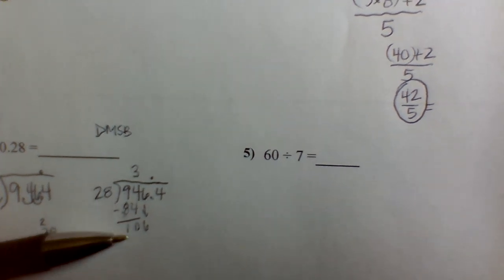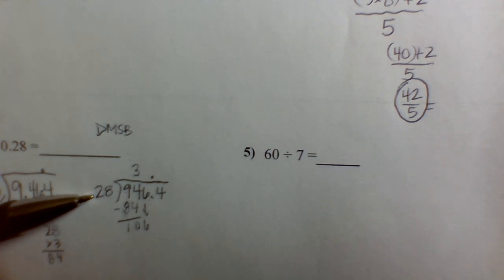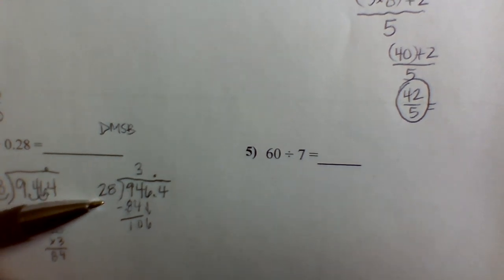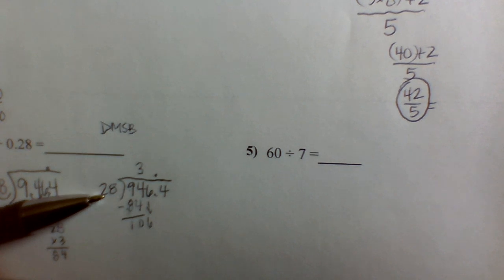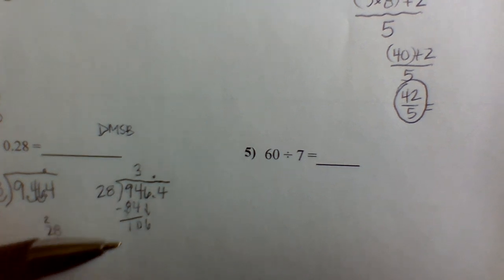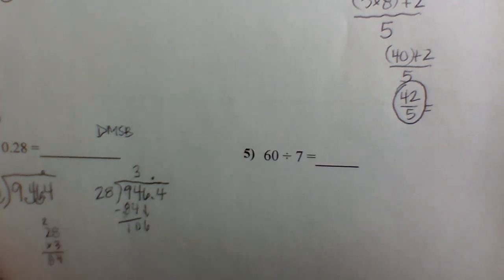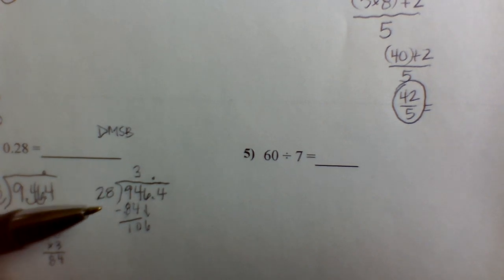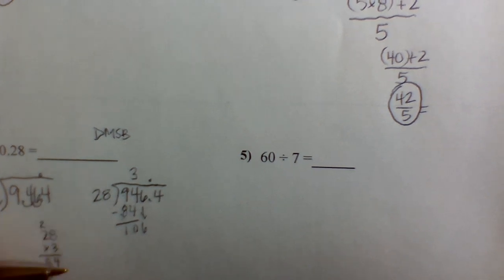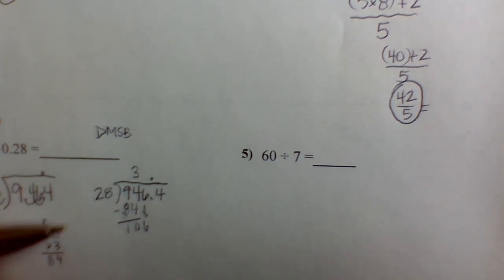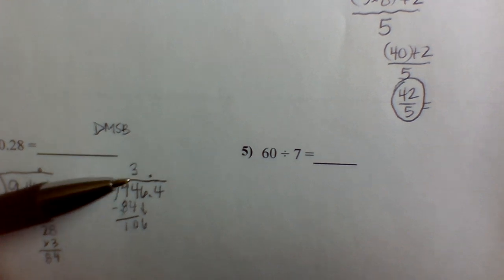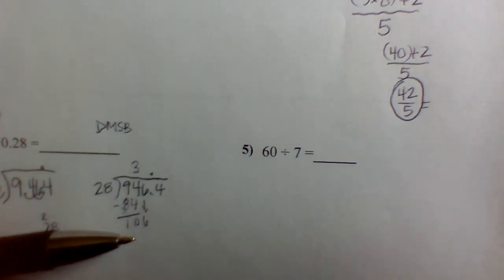Well, let's think on this. If I round this back to 30 and I make 4 groups of that, I'd be at 120. So I actually don't think I can make another group of 28. So instead of jumping ahead, I'm going to put another 3 here to make another 3 groups. And I'm going to put my 84 under here.